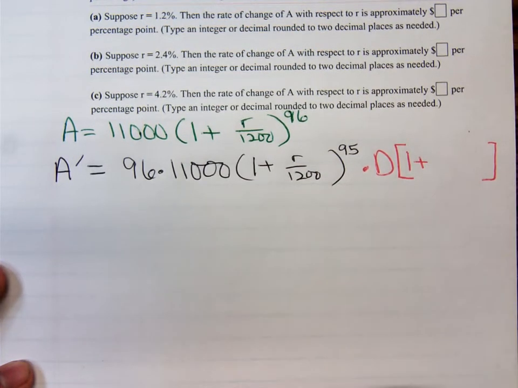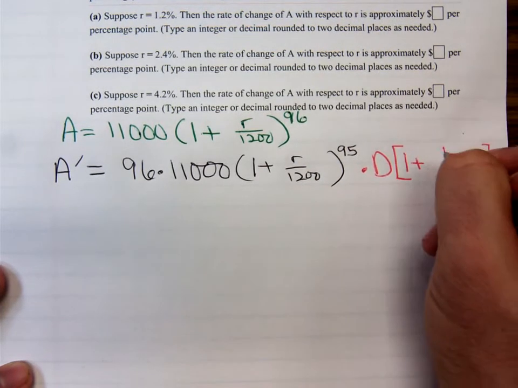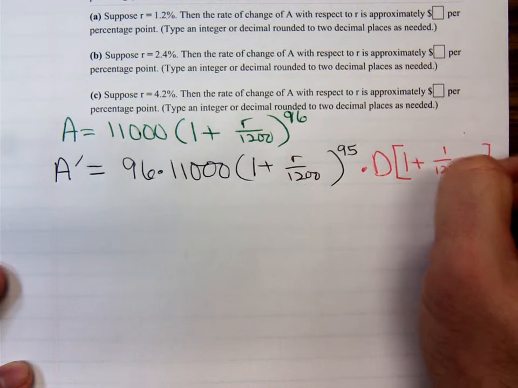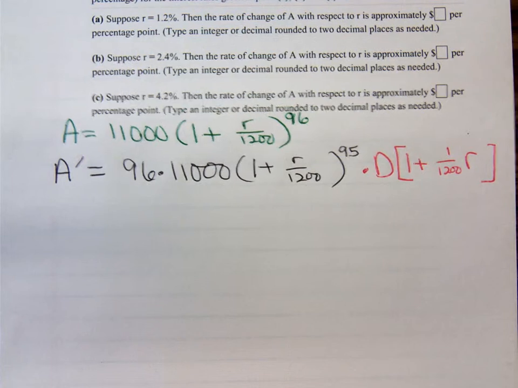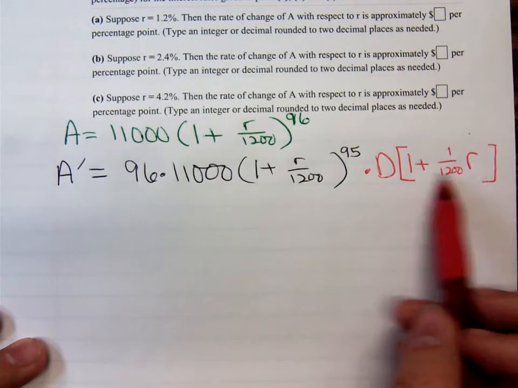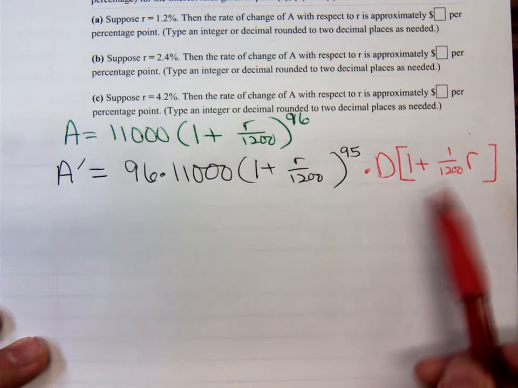That's like 1/1200th times R. So here's what I'm thinking. It's 1/1200th times R. Why is the 1 still there? We haven't differentiated this. I'm just saying now we need to differentiate this stuff. I have not differentiated it yet.